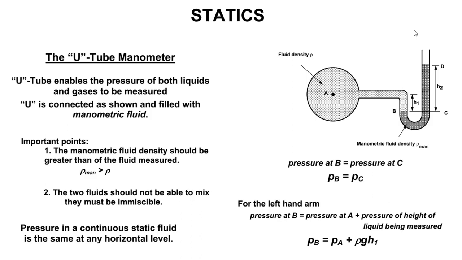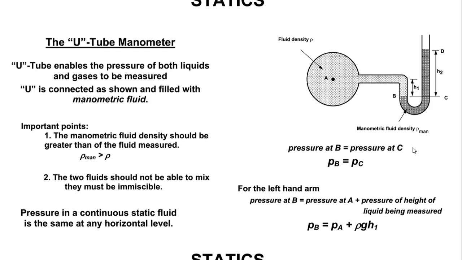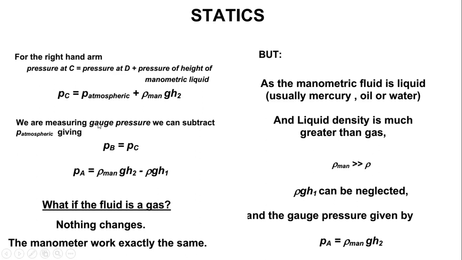If you include it, then it becomes absolute pressure that you're looking at, but in most cases, even if it's open here, we consider atmospheric pressure to be 0 because it's our datum. So the pressure at C will be equal to atmospheric pressure plus rho g h2, and since atmospheric pressure is datum, we can just write P_C equals rho g h2. The rho that we have to look at is the rho of the manometric fluid.